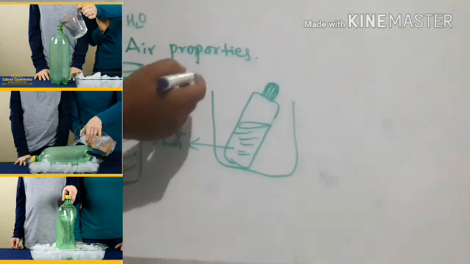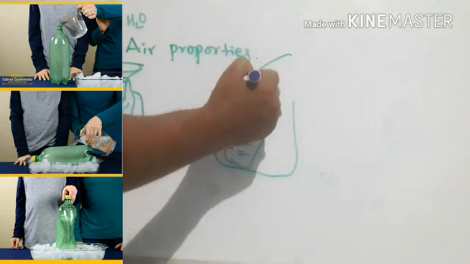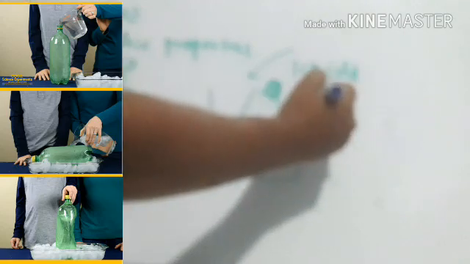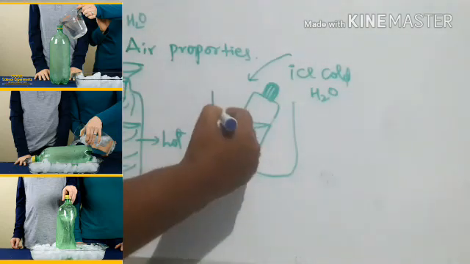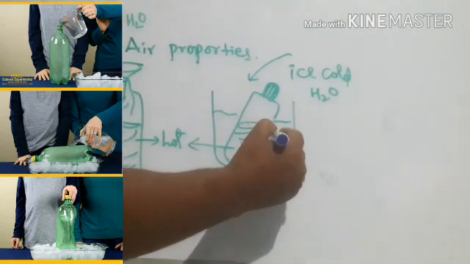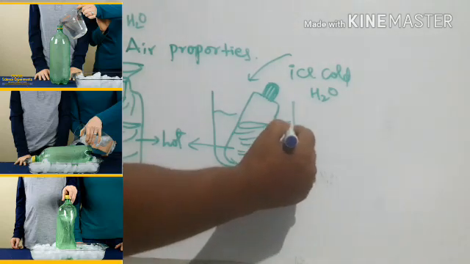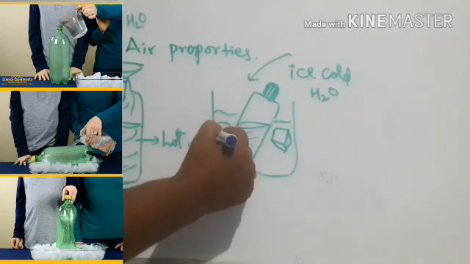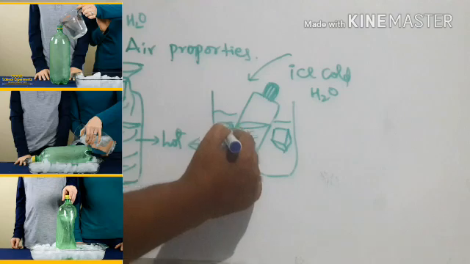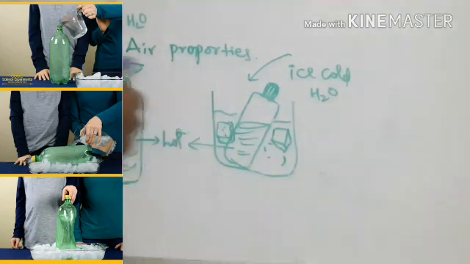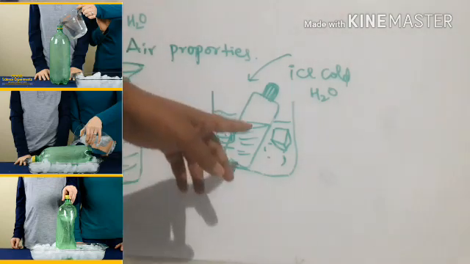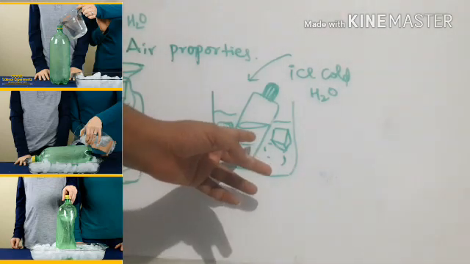Now in this container you just add cold water or ice pieces, right? When you add ice cubes along with cool water, do you think what happens? Do you know what happens when you add ice cubes to this?